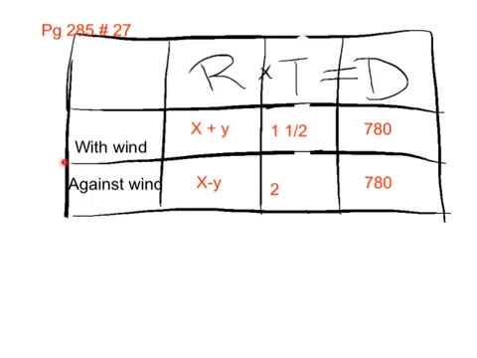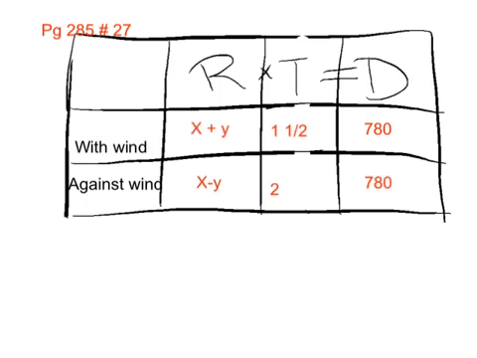It talks about the flight there, which is with the wind, which takes an hour and a half, and against the wind, which took 2 hours. Now, hopefully this should make sense. If we're going against the wind, it's slowing us down, and that's going to take longer than the hour and a half when it was with the wind.